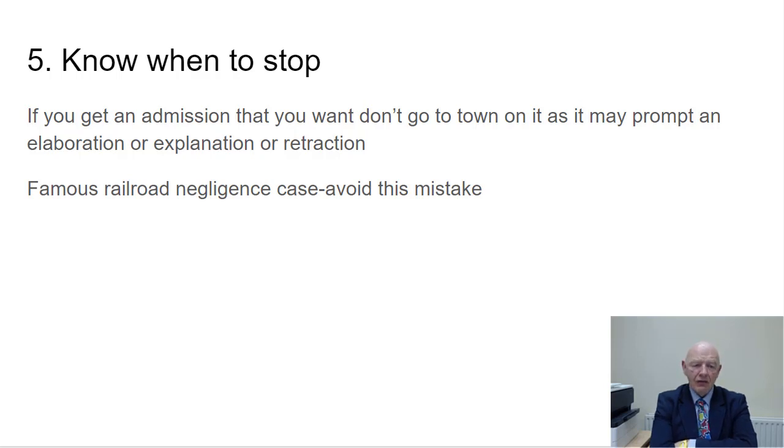There's a famous railroad negligence case. Avoid this mistake. I don't know whether it's true or not, I don't know whether it's an urban myth, but it involved an old man who was a regular, a habitué, of a particular rundown part of an American city. He had a drink problem.